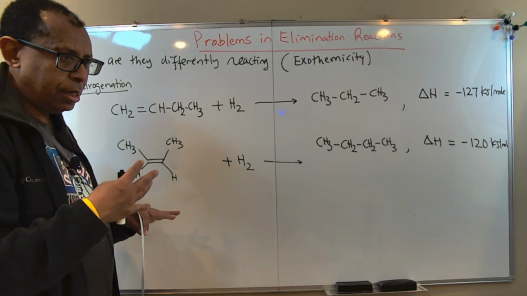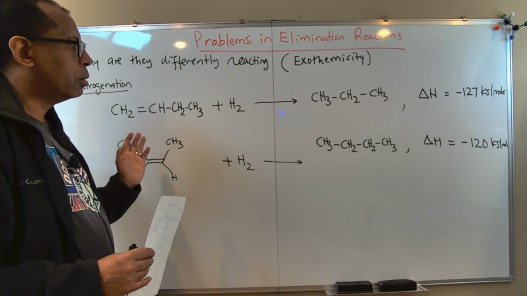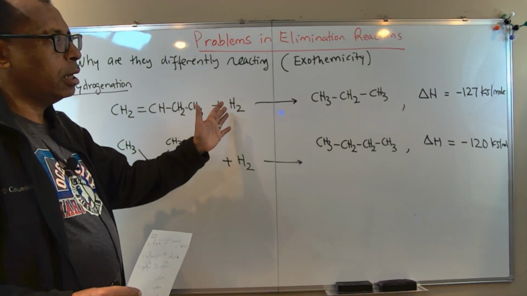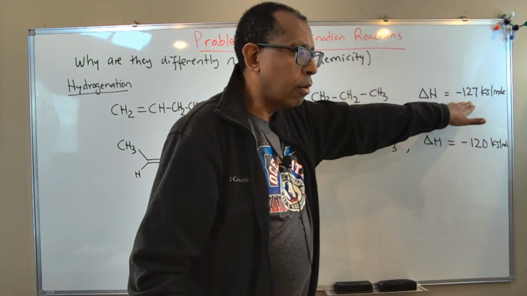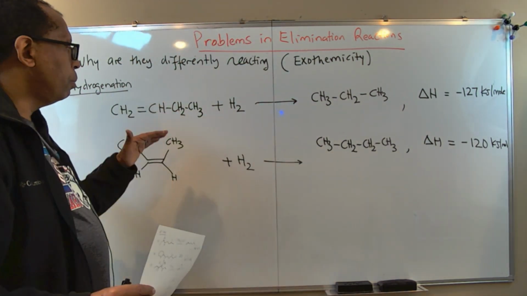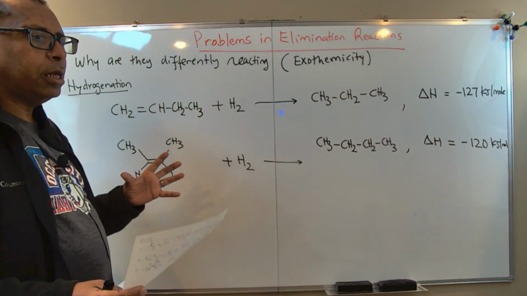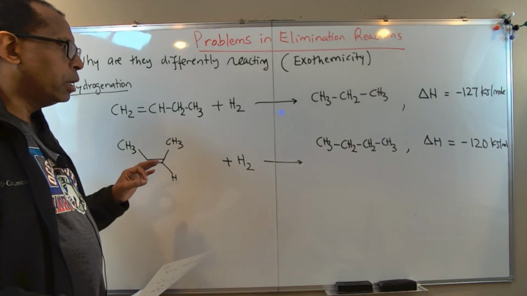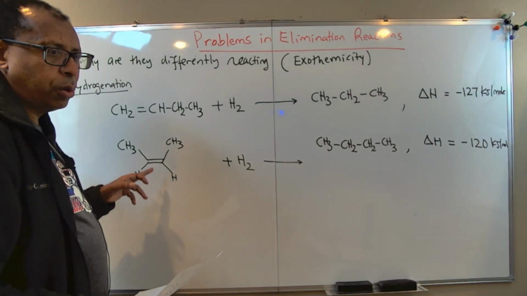If an alkene is less stable, it quickly reacts and gives off a large amount of heat energy. So the question indirectly is testing your knowledge of the stability of these two alkenes.